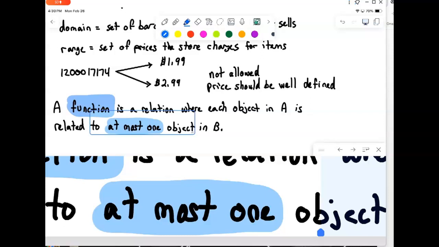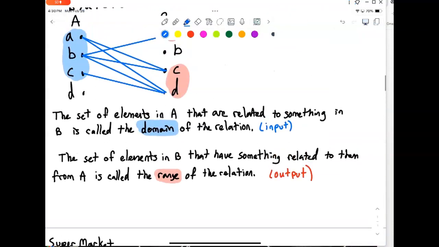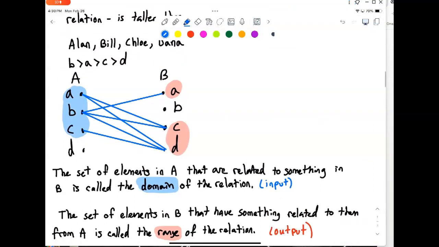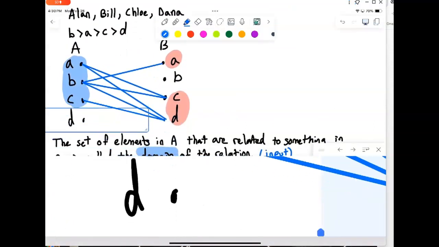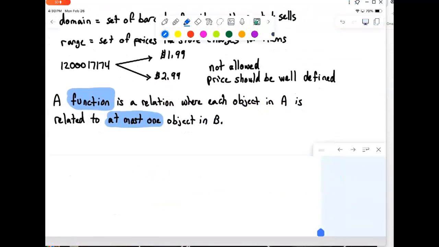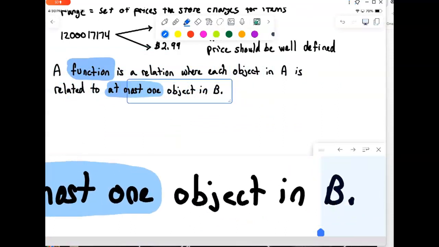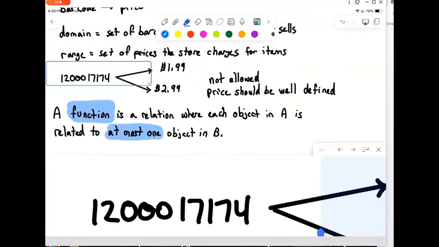Because we allow for that possibility that something in this set may not be related to anything. And that's okay. Remember, poor Dana up here wasn't taller than anybody. And that's okay for that to happen. But a function is a relation where each object in A gets related to at most one in B. So each barcode is going to spit out at most one price.